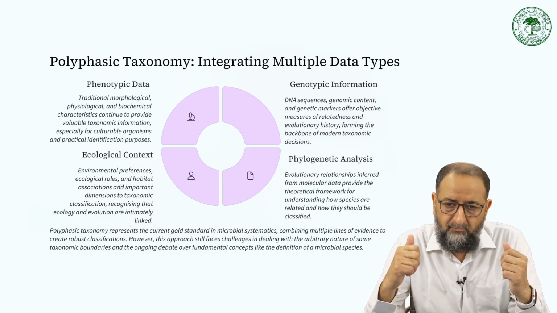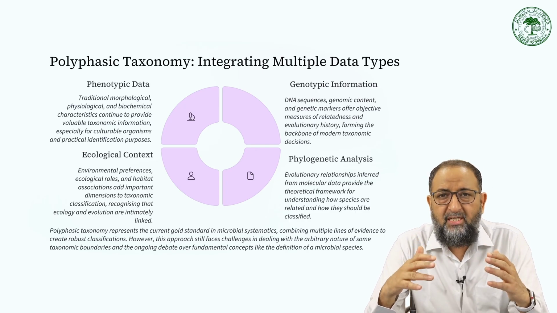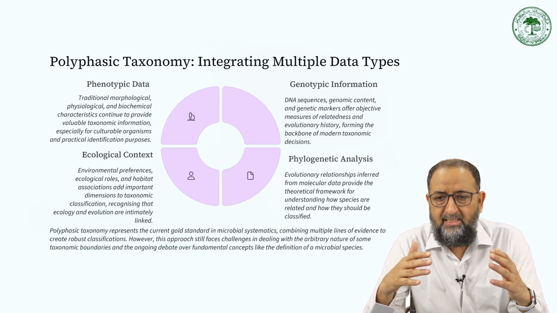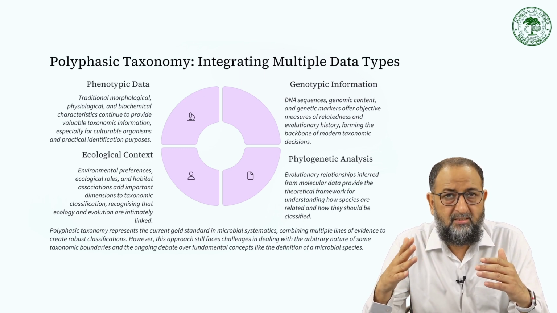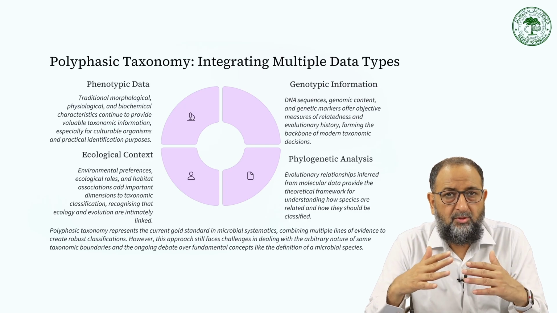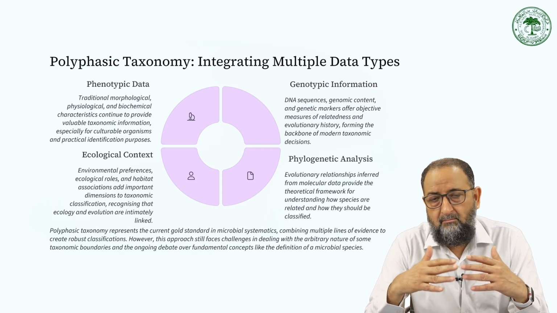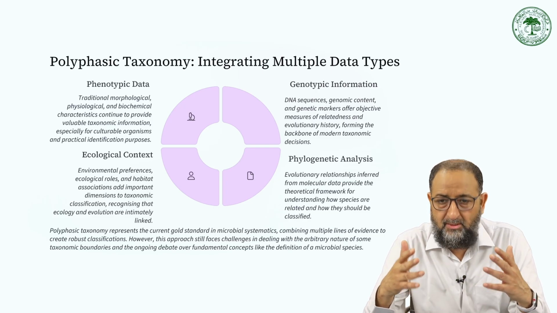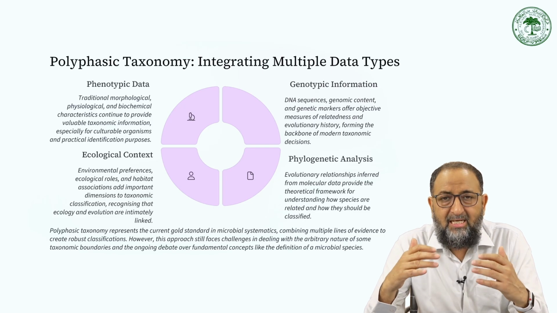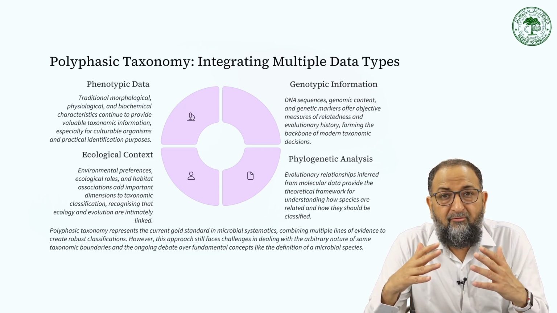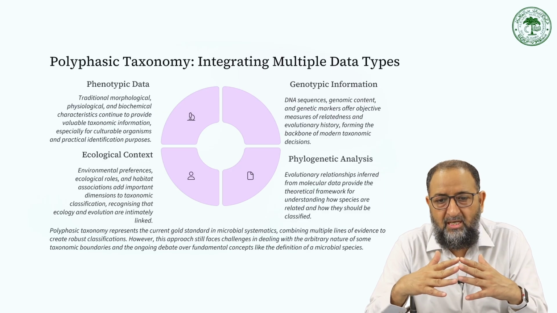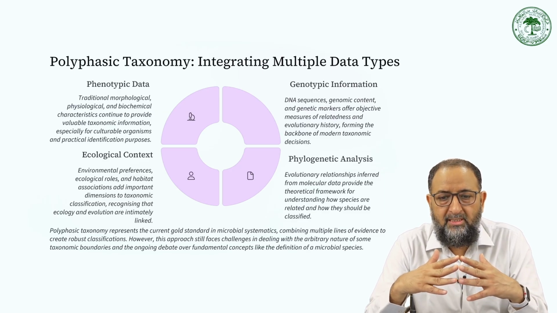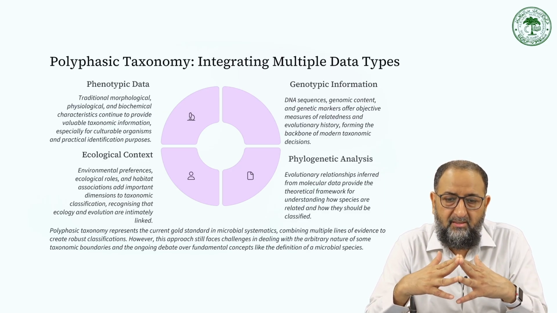background of these individuals. The phylogenetic analysis: evolutionary relationship inferred from molecular data, that is the data generated through genetics, through sequencing, through transcriptomics and so on. That data provides the theoretical framework for understanding how species are related and how they should be classified, right?